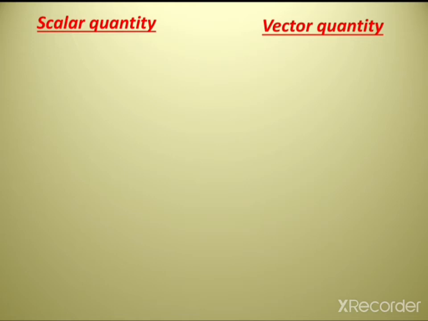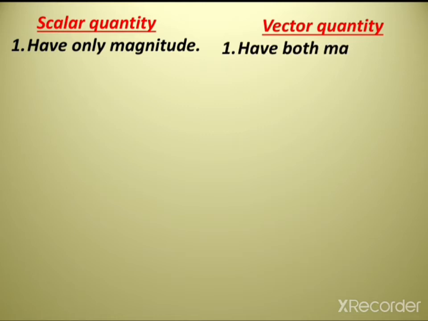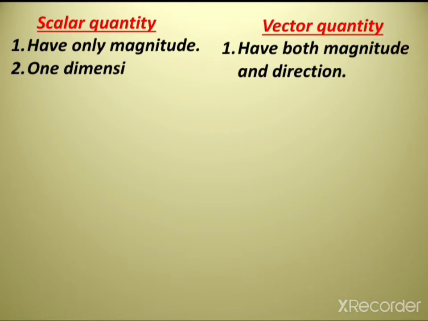So the first difference is scalar quantities have only magnitude, which we have already discussed, and vector quantities have both the magnitude and direction.